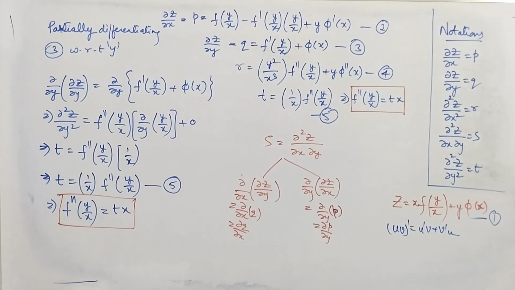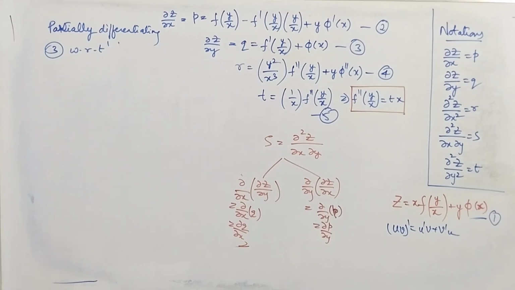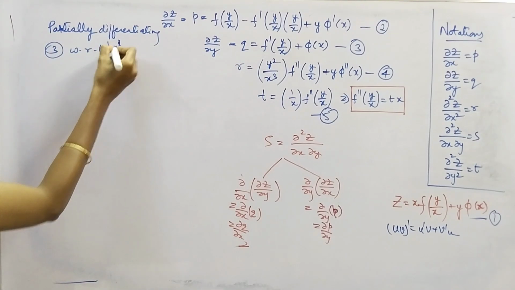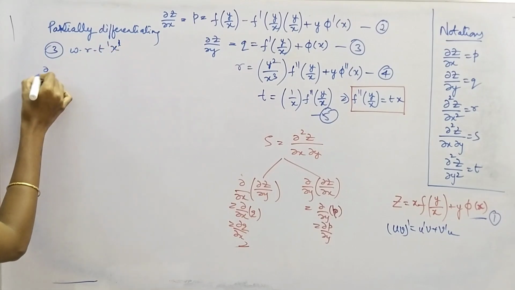I'm going to use dou q by dou x, okay? So partially differentiating equation 3 with respect to x, I'll just apply dou by dou x on both sides of 3.